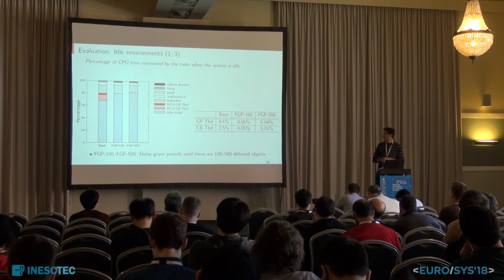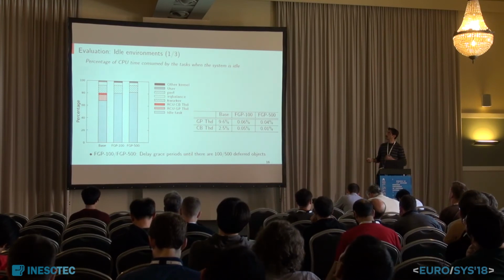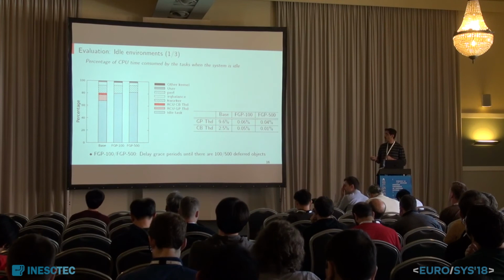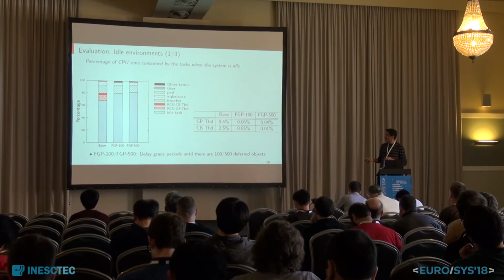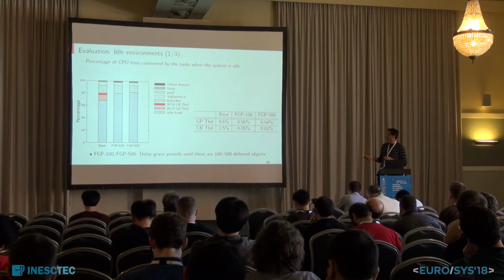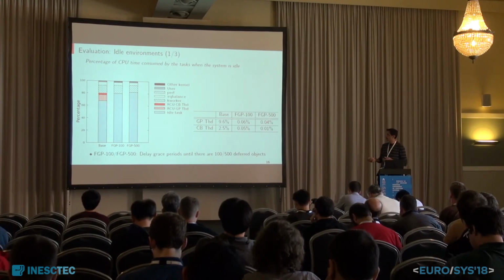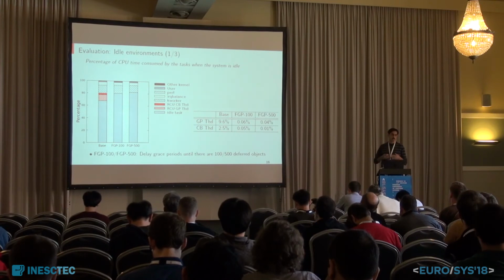With our optimization, using the hint-based technique where we wait for 100 deferred objects to accumulate before we start a grace period, this has reduced to 0.06%. And if we increase the wait, it further reduces to 0.04%. So we have reduced the amount of CPU time consumed by the RCU grace period.